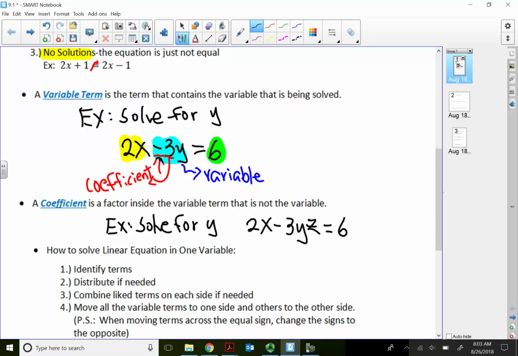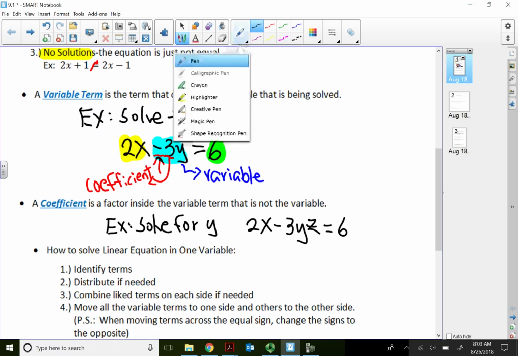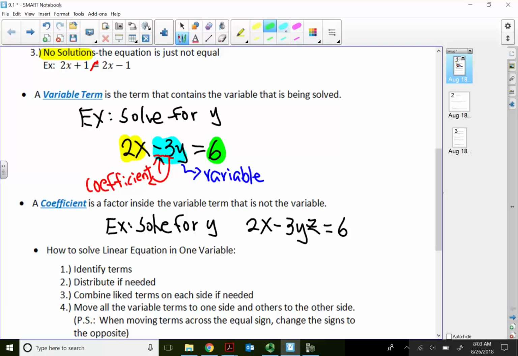The first thing I have to do is identify my variable term. A subtraction sign separates two terms. On the left side of my equal sign, I have 2x and negative 3yz, and on the right-hand side of the equal sign, I have 6.